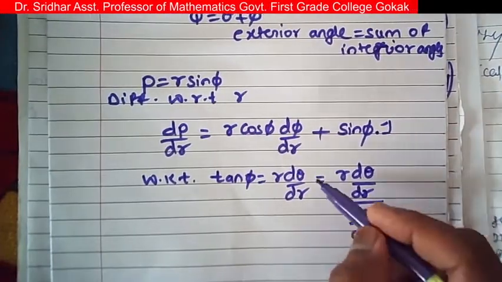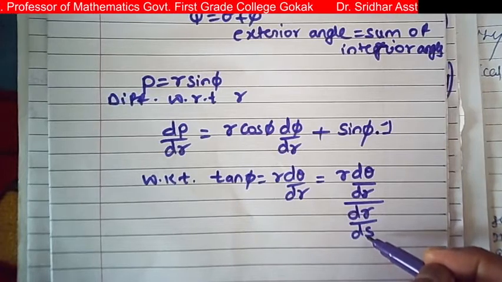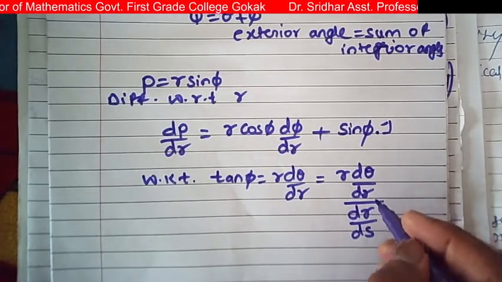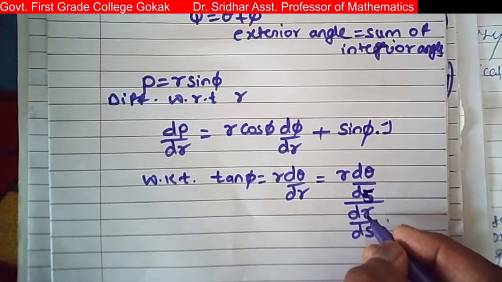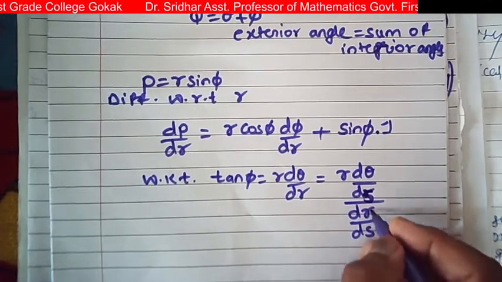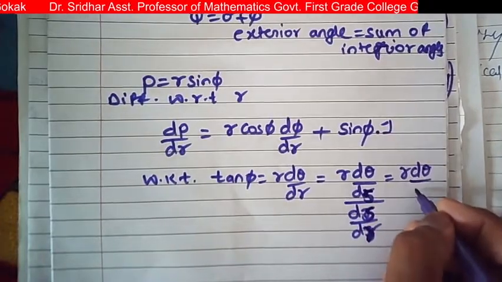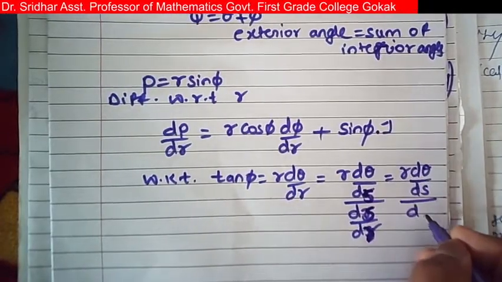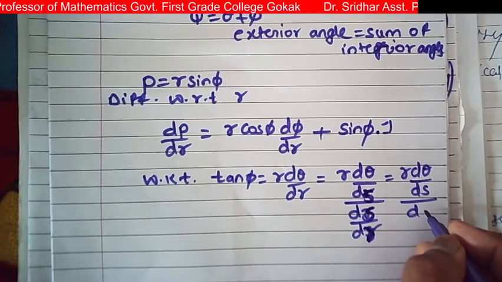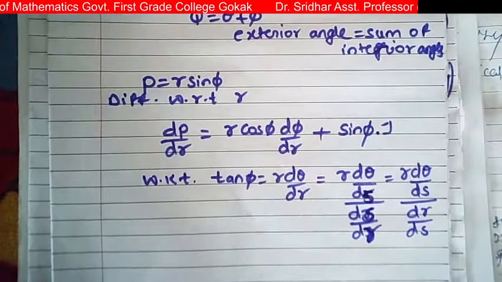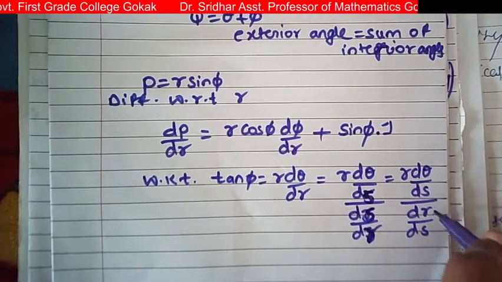So d theta by dr can be written as d theta by ds into ds by dr. So this is equal to r into d theta by ds divided by dr by ds, so that ds gets cancelled. Again it gives the same value, r into d theta by dr.